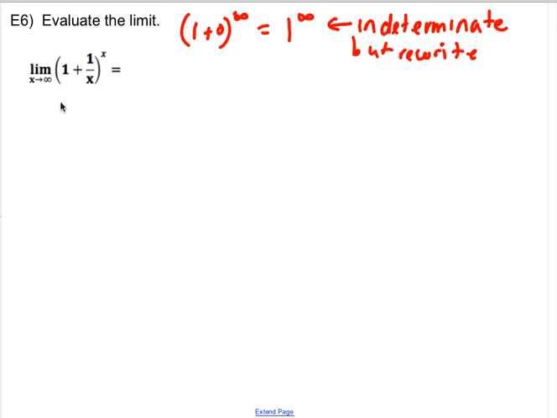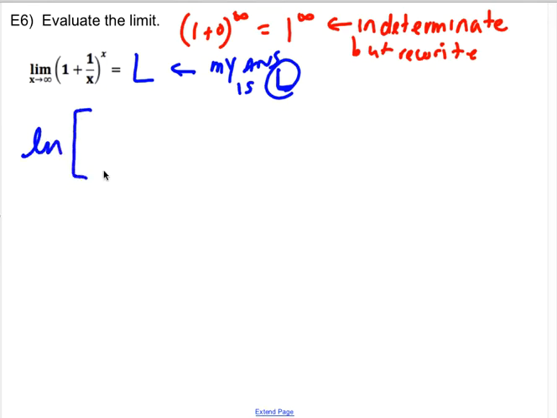In order to do this problem, I need to say that the answer to this problem is L. Okay, so it's important to note that I'm going to call my answer L, and we're going to deal with that later. The only way to get a power up top to drop down in front is to take the natural log of both sides of something.